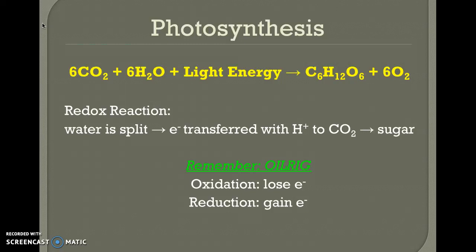In terms of the fate, water is split. When water is split as a reactant, part of it is going to go with carbon dioxide. That's going to be the first step to glucose being made.